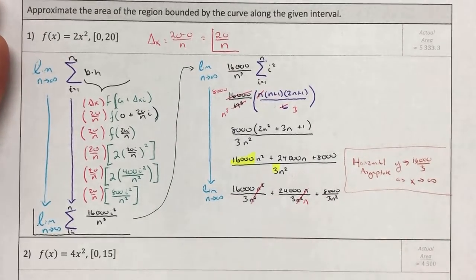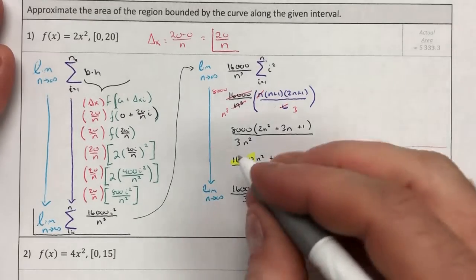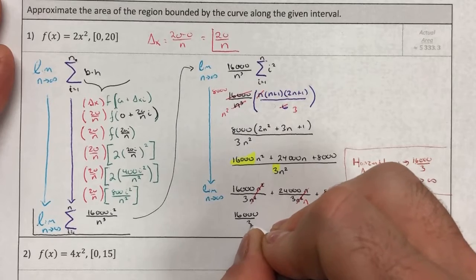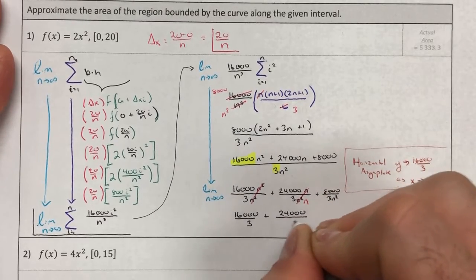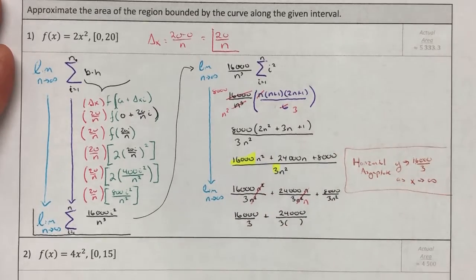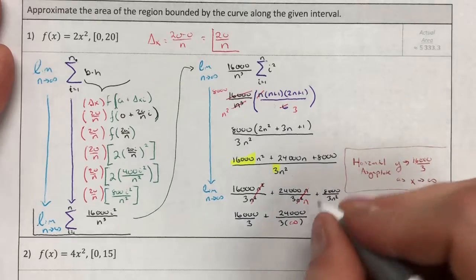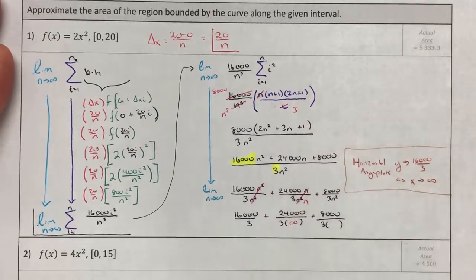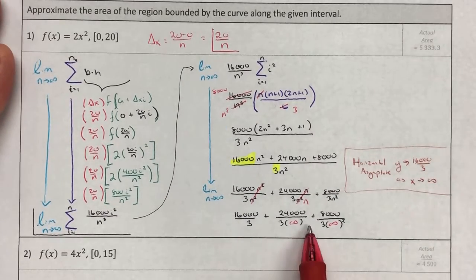So let's actually plug in our infinity into what we have left. So at this point, I have 16,000 divided by 3 plus 24,000 divided by 3 times infinity. And then I have 8,000 divided by 3 times infinity squared. So boom.